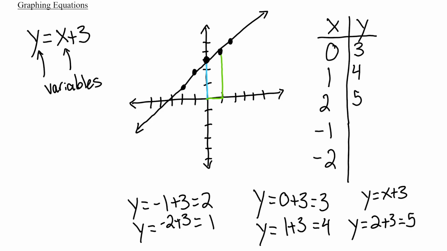I forgot to fill in the table over here. So let me just go ahead and do that for completion's sake. Okay, so this is the graph of the equation y equals x plus 3. So the advantage here is that, if we want to really quickly think, okay, what is the y value going to be when x equals -3?